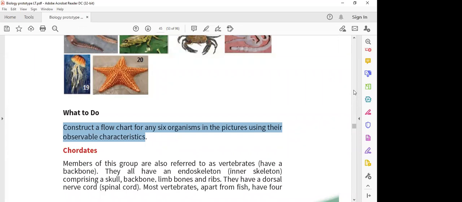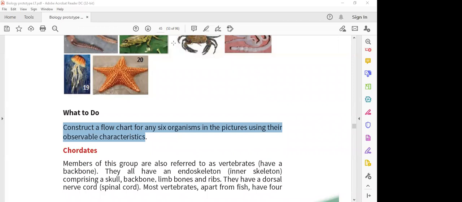Remember, flow charts are what we started using for identifying organisms. We select 6 members, and basing on their characteristics, we can keep identifying them.